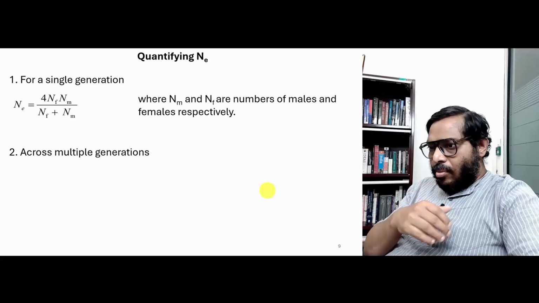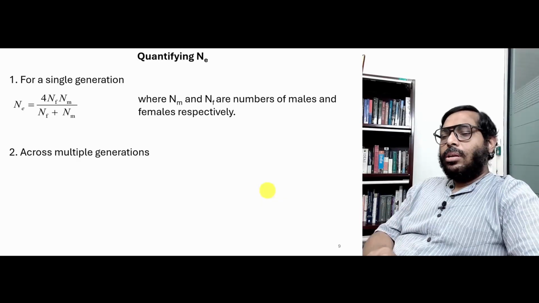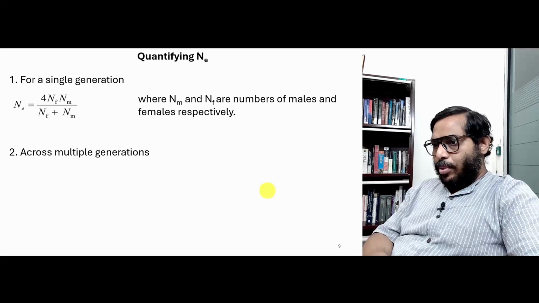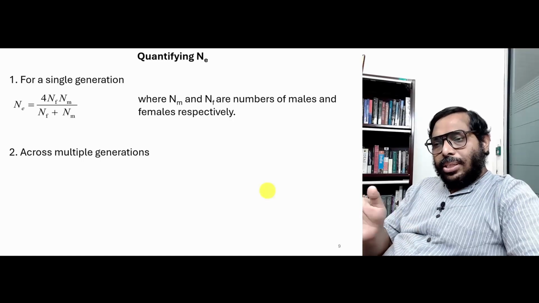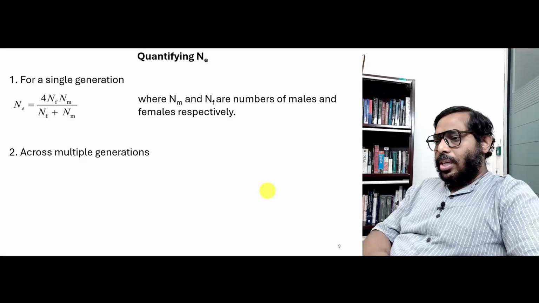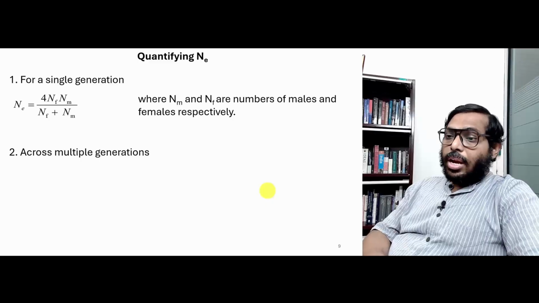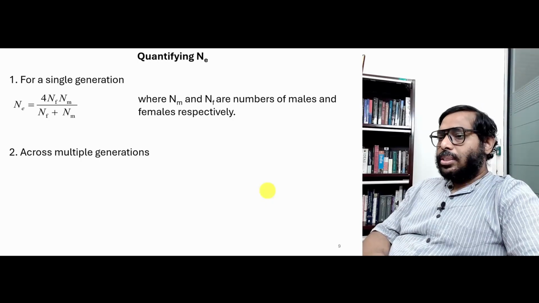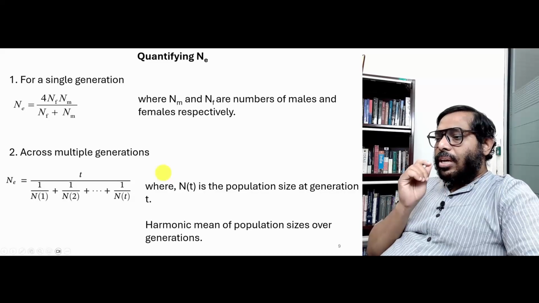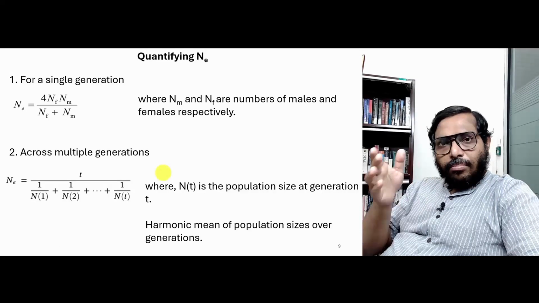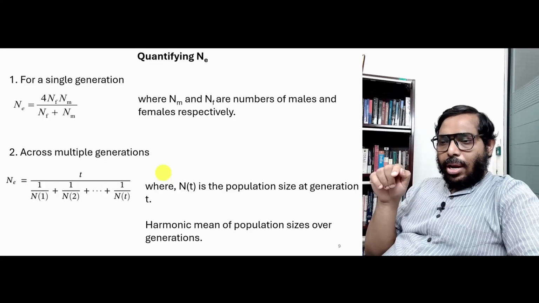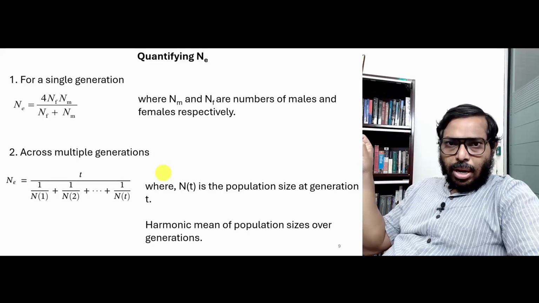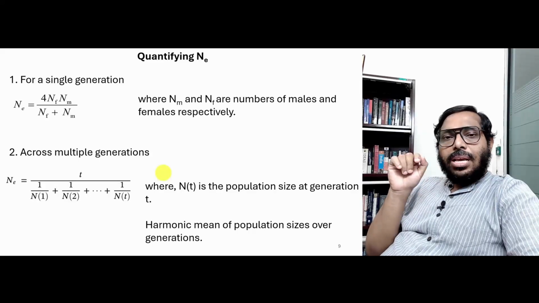The second very commonly used way of measuring effective population size, when you are assuming that males and females are in the same ratio 1:1, or let us say you are thinking in terms of asexual populations in some cases, then across multiple generations the effective population size is given by this formula: T divided by 1 by N1 plus 1 by N2 plus up to 1 by Nt, where T is the time.